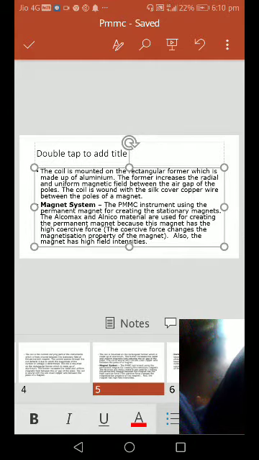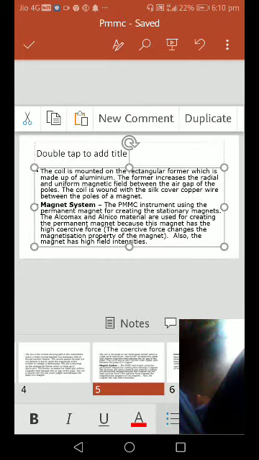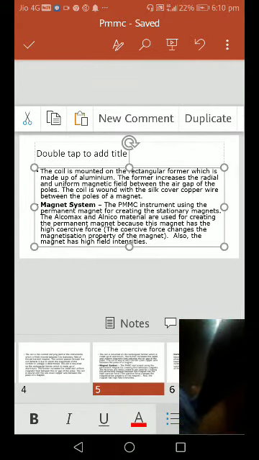The coil is wound with silk covered copper wire between the poles of the magnet.